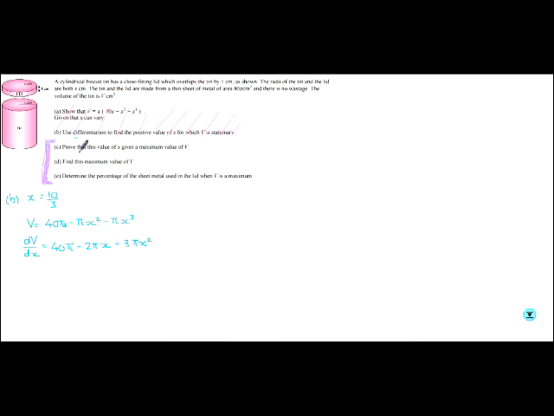Okay, so C, we have to prove that this value of x here gives a maximum value. So thinking about maximums, from this stationary point the gradient is going to be decreasing. So when we actually do this, we're looking for a negative number to prove that this is actually a maximum point, something less than 0.